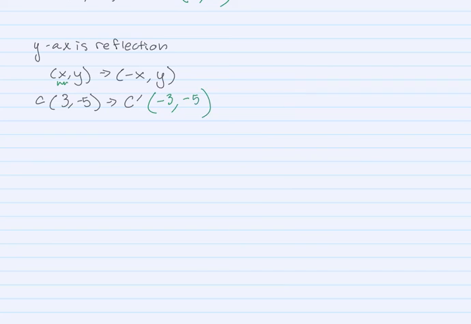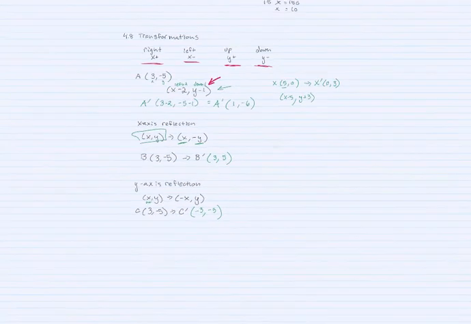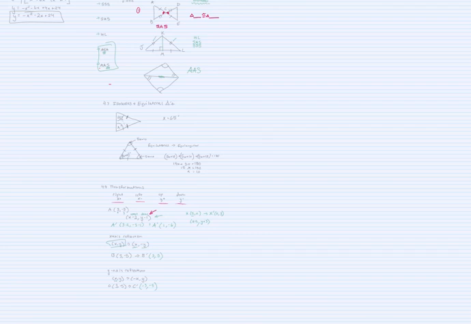You would see this reflection if you were to actually graph the points, and you may have a problem or two where you have to graph multiple points and then translate all of them to find a congruent figure. So this is the chapter 4 review.